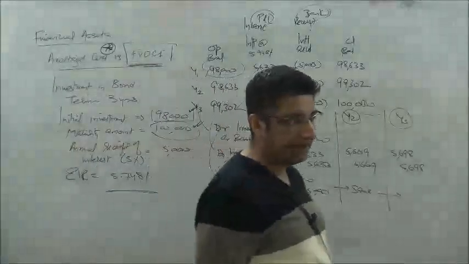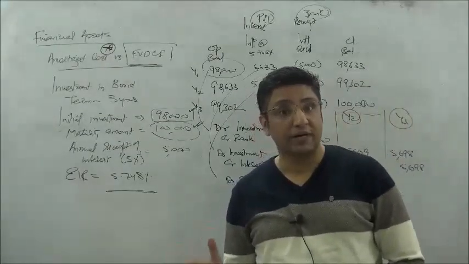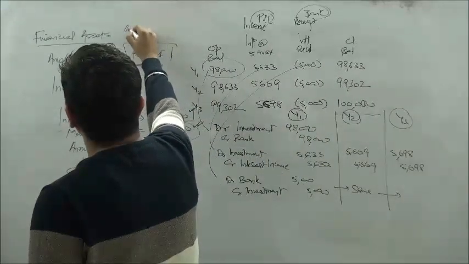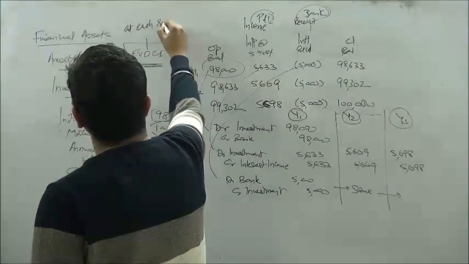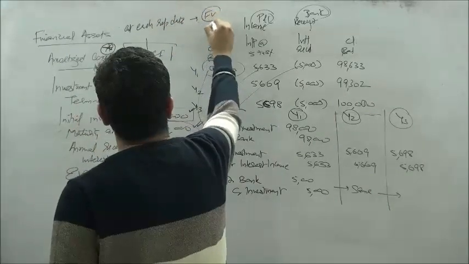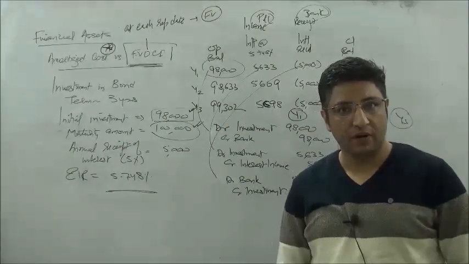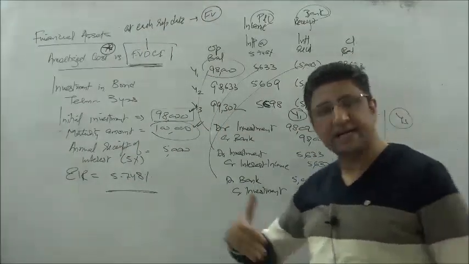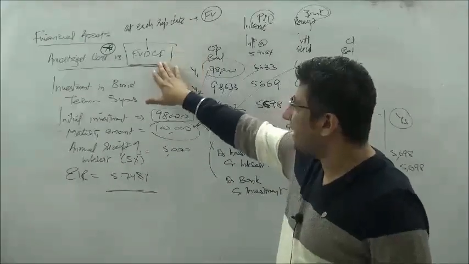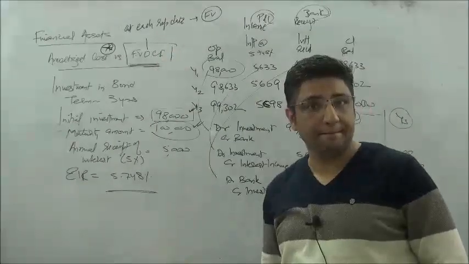Now, please bear in mind, when we say FVOCI, we are simply saying that at each reporting date, the investment is required to be shown at its fair value. All right. So when it is to be shown at its fair value, then the change purely arising on the fair value should be taken through OCI.